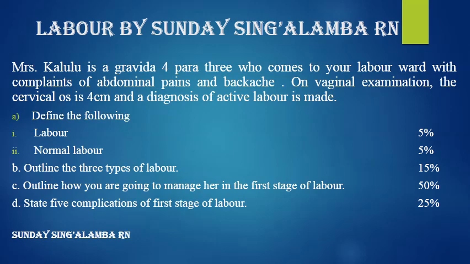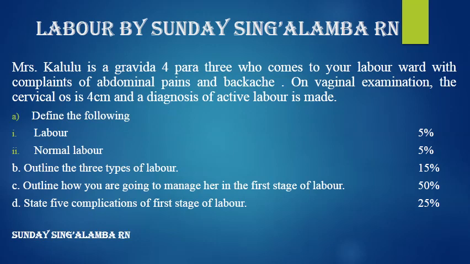We do all the observations through a partograph. A partograph is used to monitor the progress of labor, the fetal well-being, and also the maternal well-being. All these can be plotted on the same partograph.